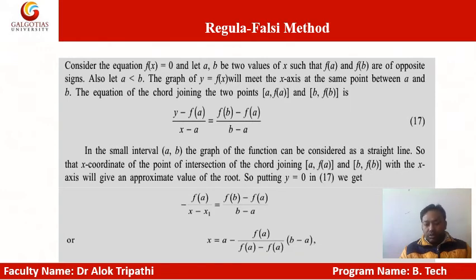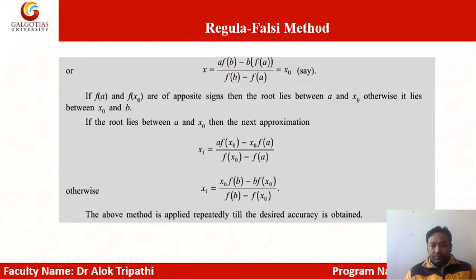Putting y equal to 0 in the equation, we get minus f(a) divided by (x minus a) equal to (f(b) minus f(a)) divided by (b minus a). Now x is equal to a minus f(a) divided by (f(b) minus f(a)) into (b minus a). So x is equal to (a f(b) minus b f(a)) divided by (f(b) minus f(a)). This is our first approximation to the root, and it is denoted by x naught.